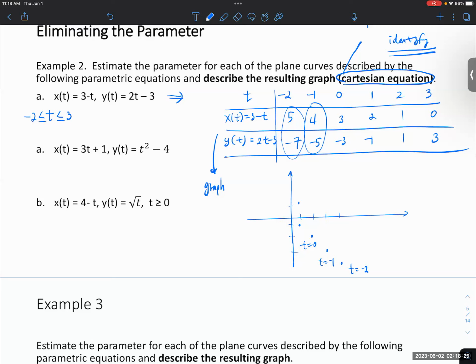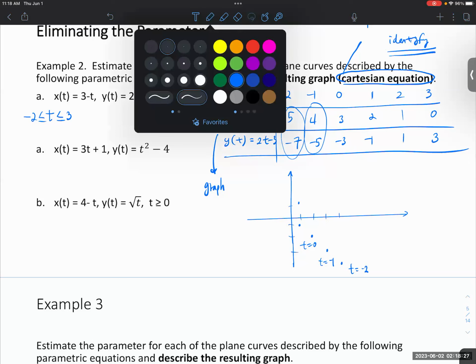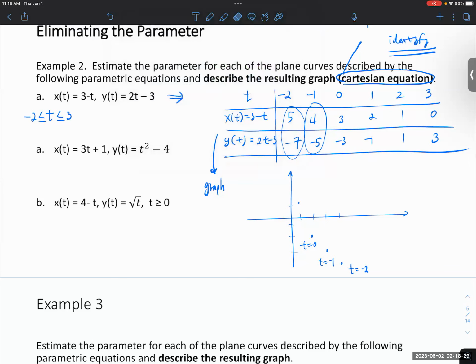If I graph it, I think there's a little bit of a mistake here. The points are 5, -7, 4, -5, 3, -3, 2, -1 here. It should be linear though. So I actually graph it a little bit better.